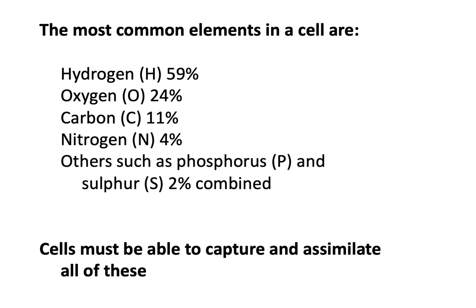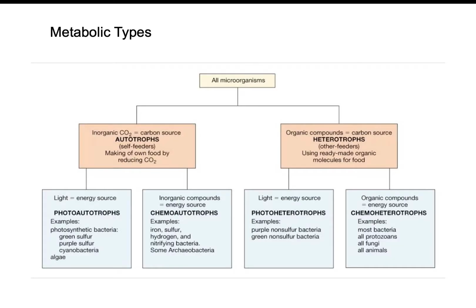Some organisms can use hydrogen as a source of energy and for other purposes, and then others require carbon. Everything requires carbon, but in different ways. They require different types of carbon, including some that can take CO2 and, of course, make carbon compounds out of that. So there are two major metabolic types.